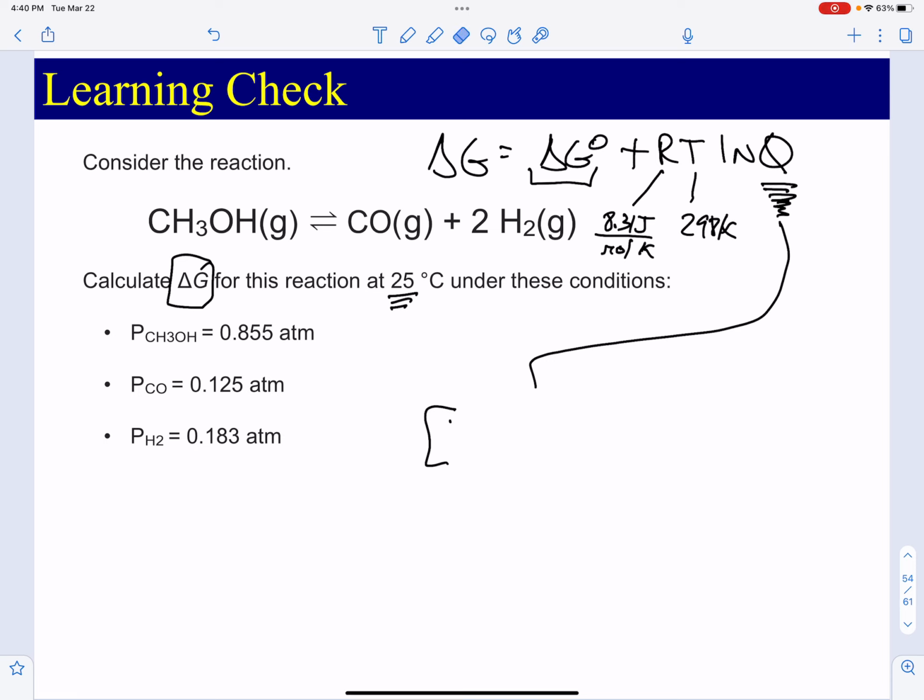And our Q is going to be, well, we're doing pressures in this case. Our Q is going to be the pressure of hydrogen squared times the pressure of carbon monoxide divided by the pressure of methanol.